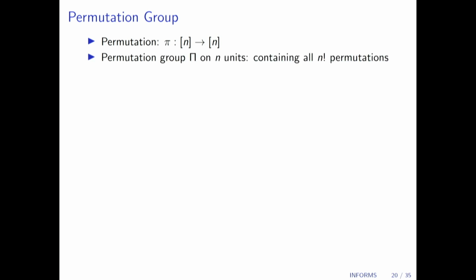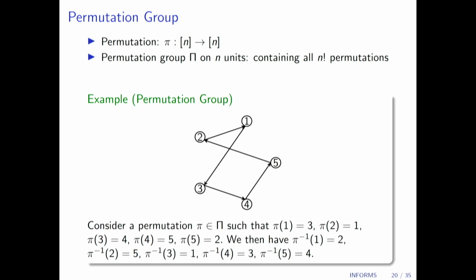Then we define the permutation group capital Pi as the group of permutations that contains all the n factorial many permutations. So basically, as long as it is a 1-to-1 mapping, it belongs to the following permutation group.